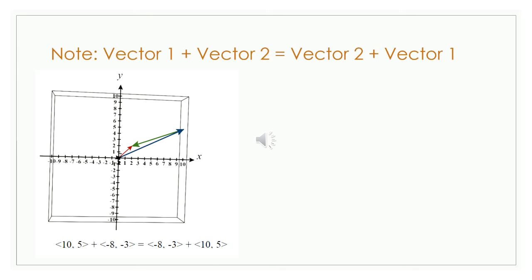The direction that you add never matters, so it doesn't matter if I stack 10, 5 at the terminal point of -8, -3, or if I stack -8, -3 at the end point of 10, 5. So here it's showing I picked up the green vector and stacked it at the terminal point of the blue vector. Notice I still land at 2, 2. So the order that you add vectors certainly doesn't matter.